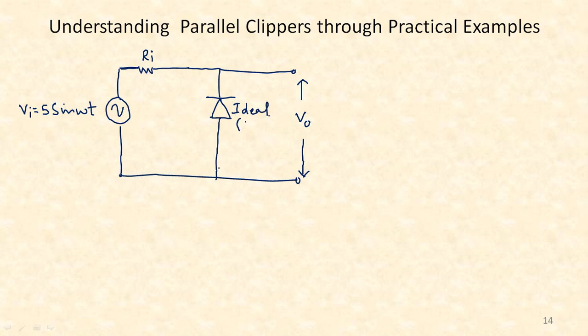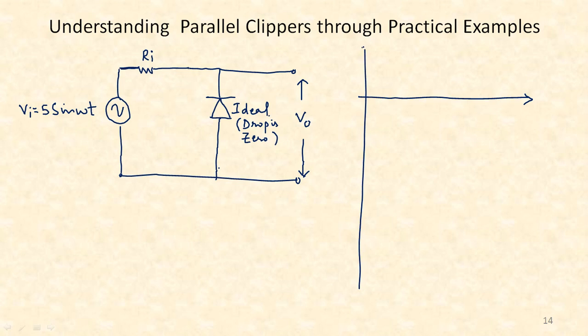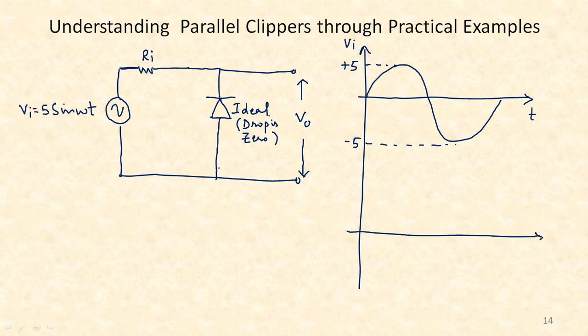So for an ideal diode, the drop is 0. Then coming to the waveforms, the input signal with voltage levels +5 and -5, then the output signal.